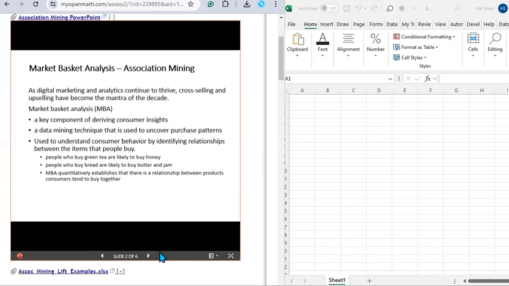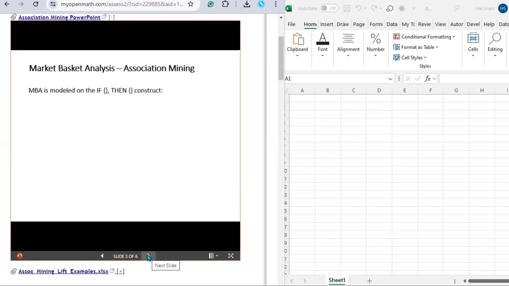When the data involves strings of characters, like product names, you can't calculate correlation, but you can calculate a variety of different kinds of probabilities. And association mining, or market basket analysis, essentially uses probabilities and ratios of probabilities that we've computed.